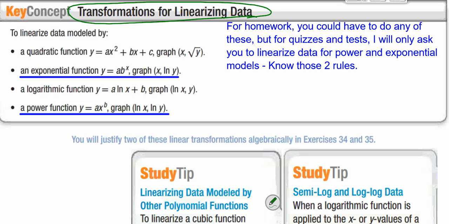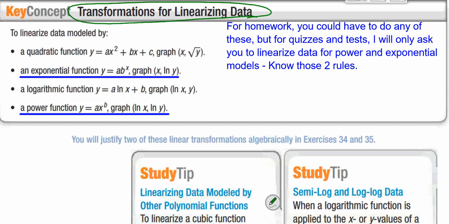Part of the reason I'm doing that is then you don't have to memorize 4 things. It's just 2 things. Does that make sense? For quizzes and tests, I will only ask you to linearize data for power and exponential models. So you want to know those two rules.